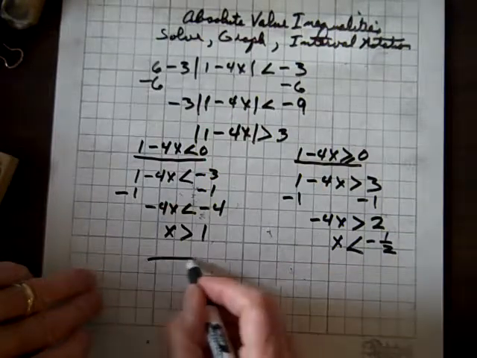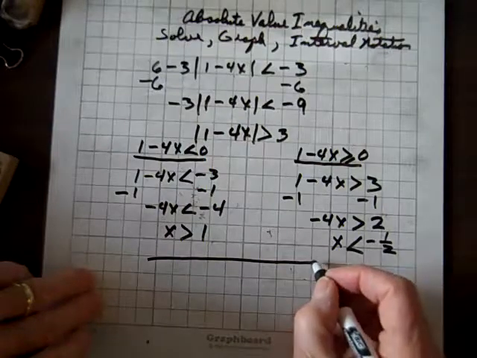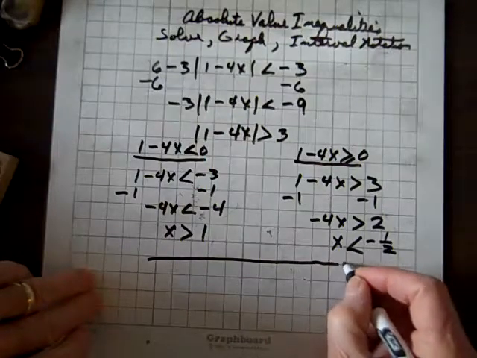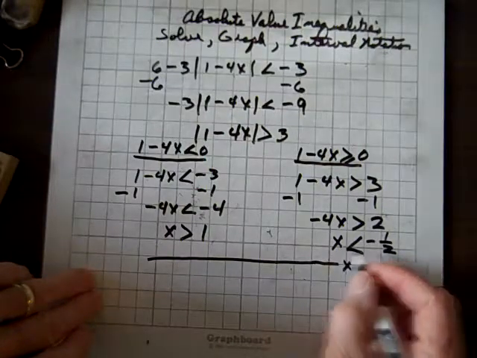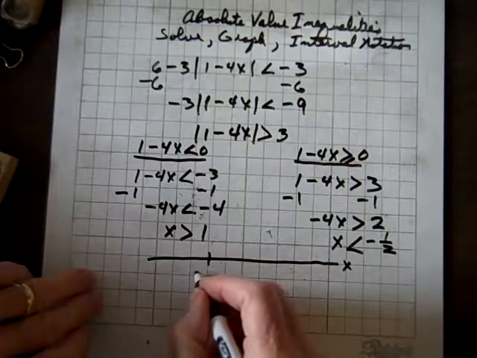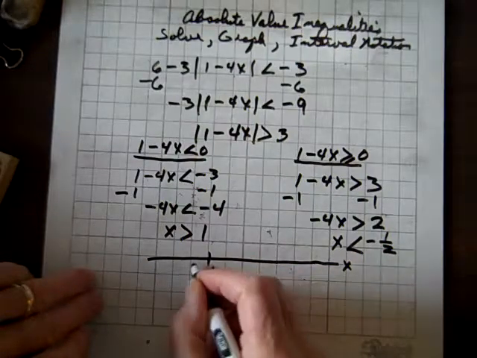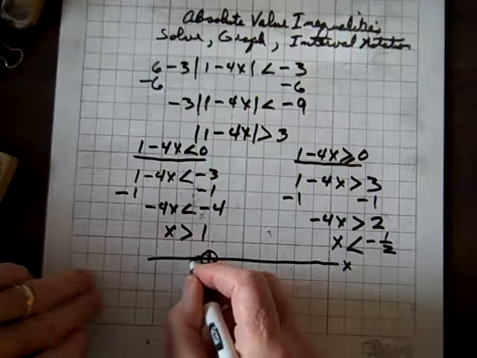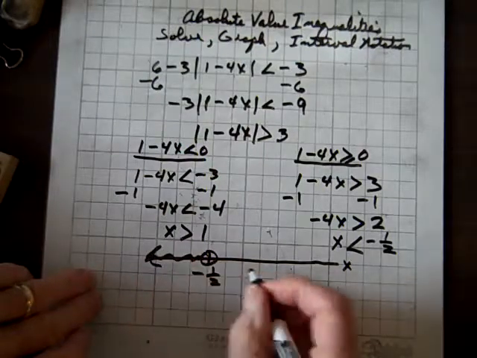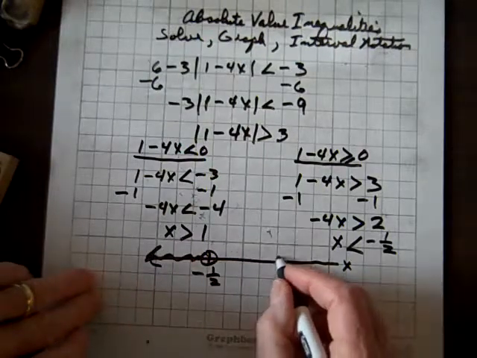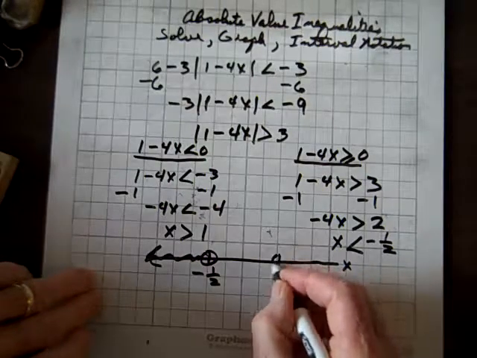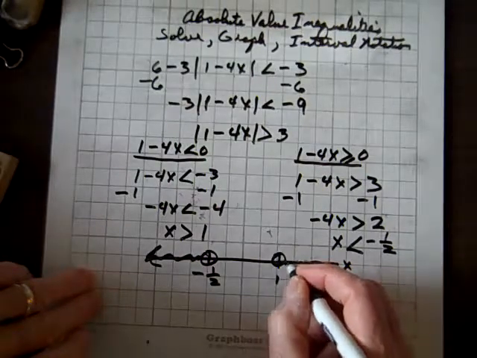So now let's draw our graph, and we've got a hash mark at negative 1/2 and an open circle and everything to the left. And then we have a hash mark at 1. That's going to be an open circle and everything to the right.